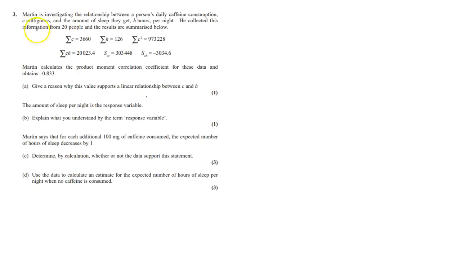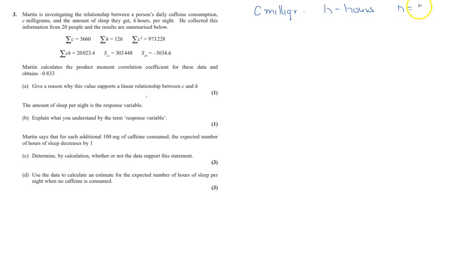1/6. Question number 3. Martin is investigating the relationship between a person's daily caffeine consumption, C milligrams, and the amount of sleep they get, H hours. So that is C milligrams and H hours. He collected this information from 20 people.